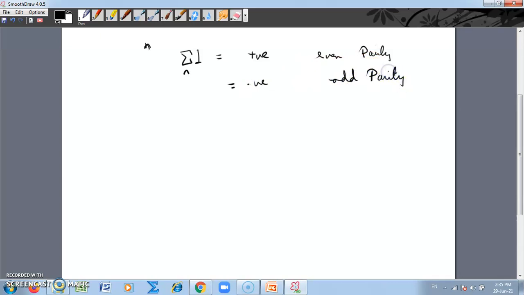So earlier we had seen that different particles have individually got parity, so we add them up. If it's an even number, it's even parity, and otherwise it is odd parity.